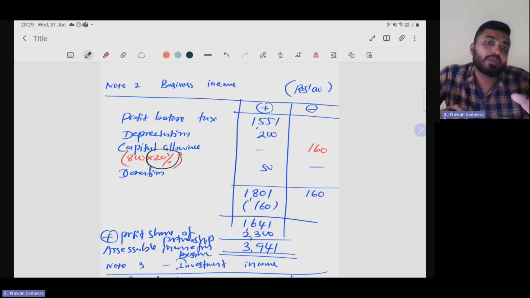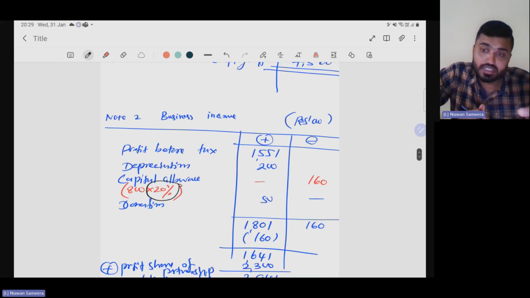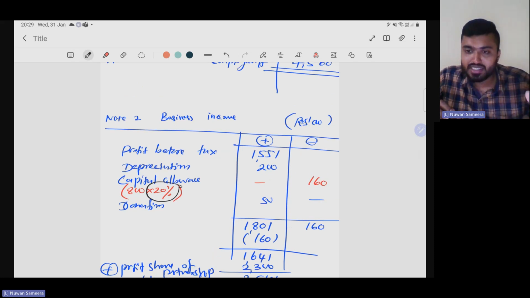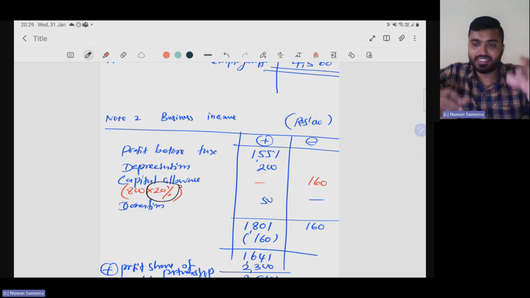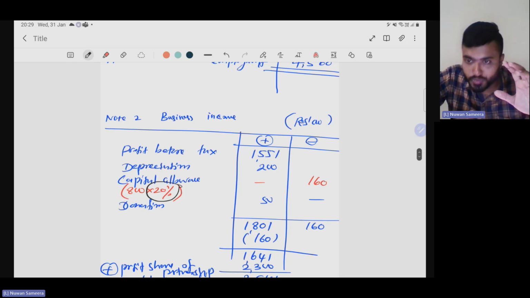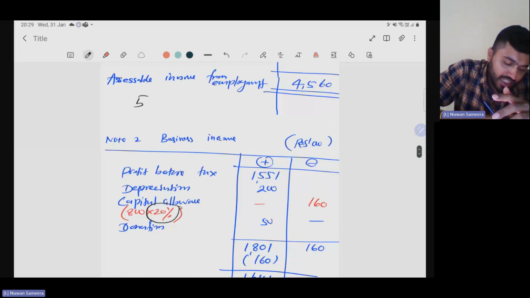So for the capital allowance part, I got this rate because for computers, the Inland Revenue Act No. 24 of 2017 specifically gives the useful lifetime, that is the number of years the asset can be used. For any computer purchased after 1st April 2018, the useful life is 5 years. 5 years means 20%, because 100 divided by 5 is 20%.